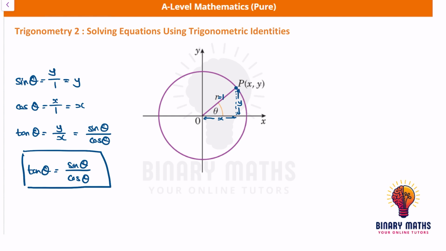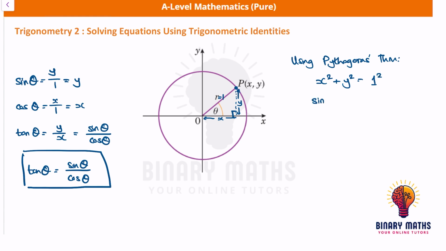Okay. Now using Pythagoras theorem, because this is a right angle triangle, we know that a squared plus b squared is equal to c squared, which means x squared plus y squared is equal to 1 squared. But remember, x is just sine theta, so it's sine theta all squared.